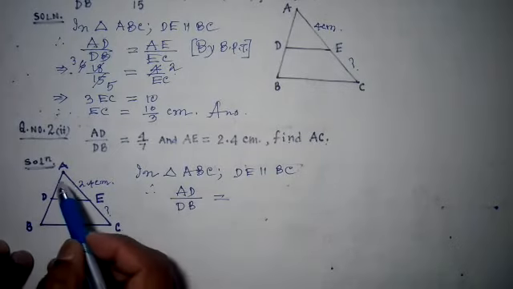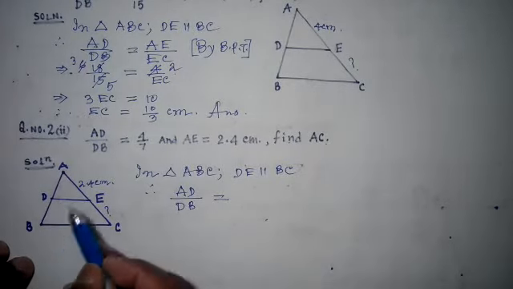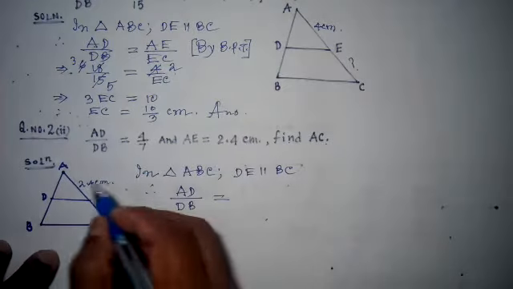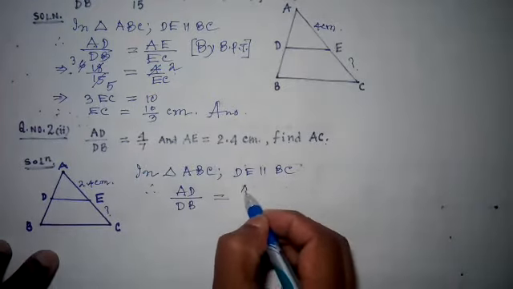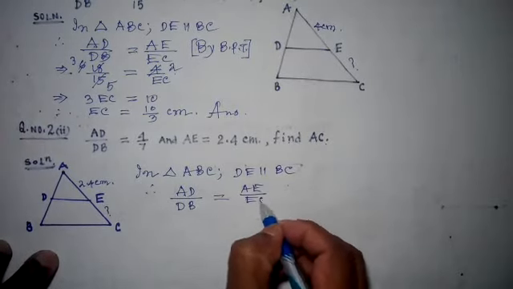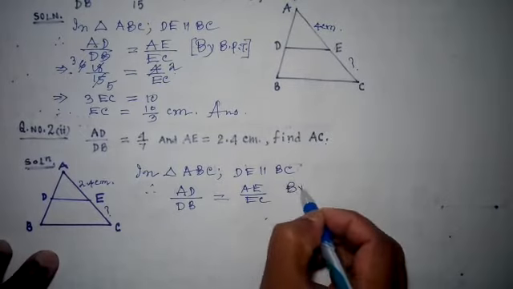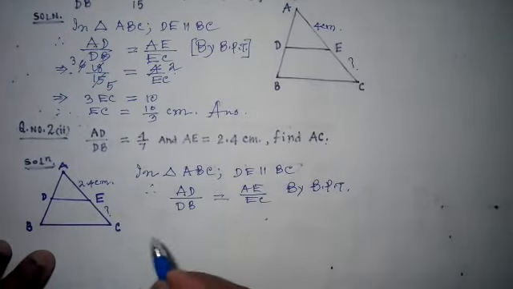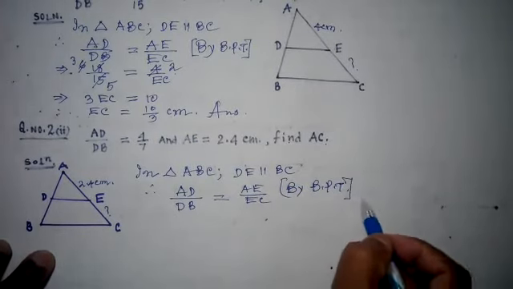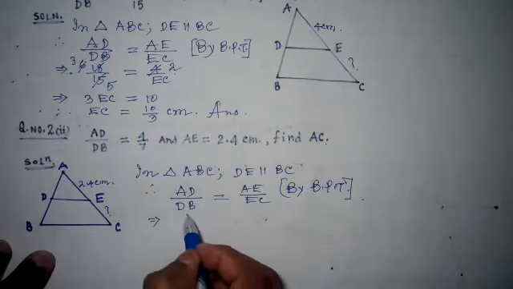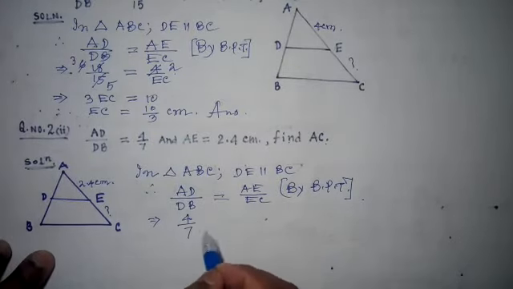According to basic proportionality theorem, AD by DB is equal to AE by EC. The same relation we have used here. So we write AE by EC, by basic proportionality theorem, and the value of AD by DB is 4 by 7.